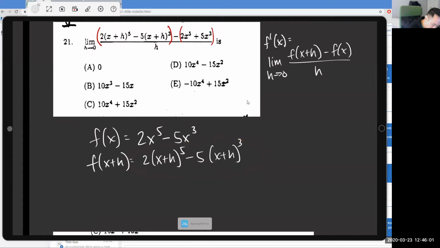Now, if this is my limit definition of derivative, the question is asking for what is f prime of x? Well, if f of x is here, we just simply have to take the derivative, which is 10x to the fourth minus 15x squared, right? And that looks like choice D.